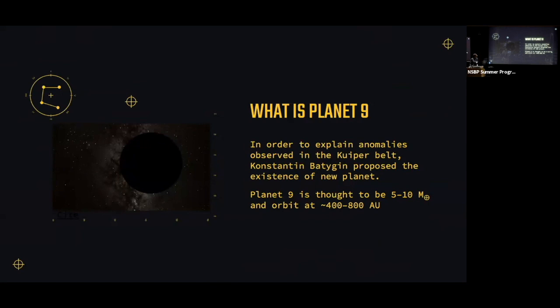The reason that we think Planet 9 exists is because of a paper that Konstantin Batygin wrote about 5 or so years ago, introducing the idea that there's a new planet out there that's interacting with these TNOs and causing strange abnormalities that can't be explained by the orbit of Neptune. He proposed that Planet 9 is an object 5 to 10 times the mass of Earth and roughly 400 to 800 astronomical units away from the sun.